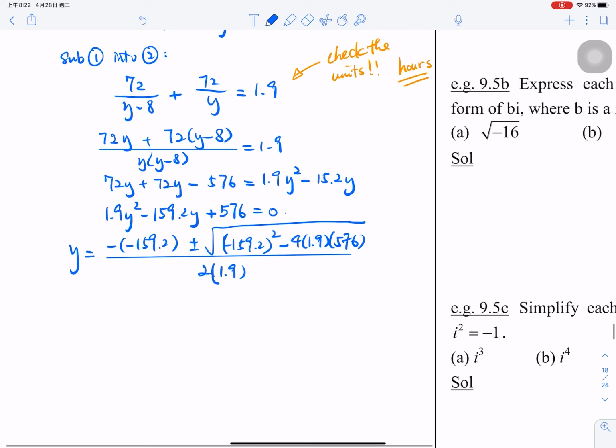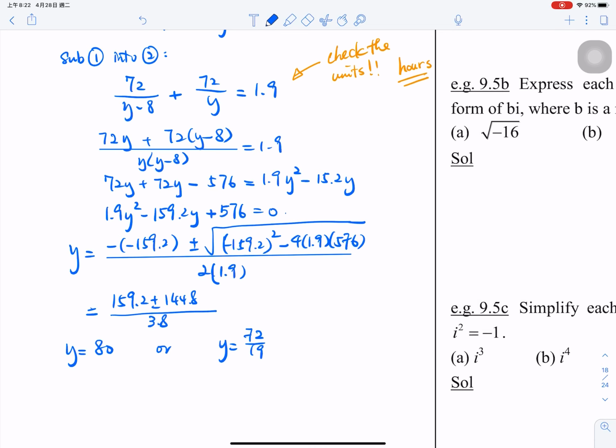Okay, so as a result, this one is 159.2 plus 144.8 or minus. That's great. Y equals 80 or y equals 72 over 19.